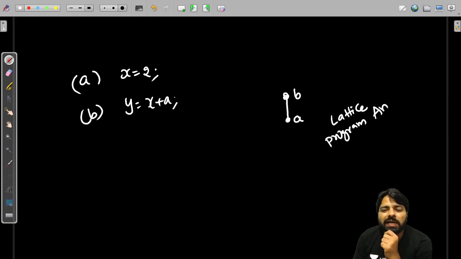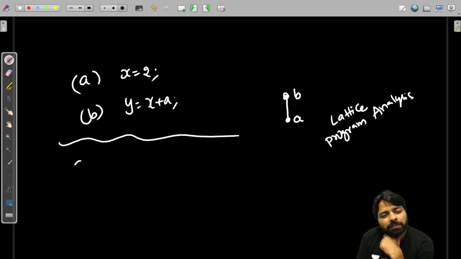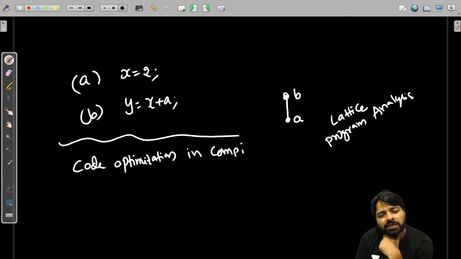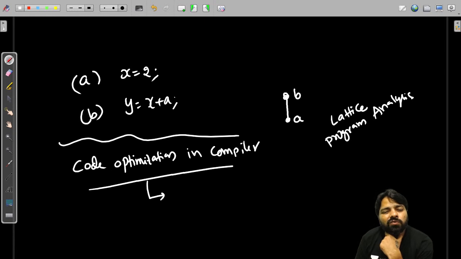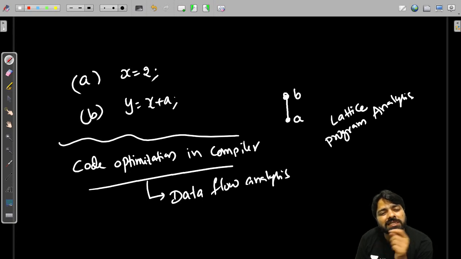Then why do you need to analyze the program? Because in code optimization or code generation in compilers, you need program analysis for control flow and data flow. Basically, data flow analysis of the compiler uses this lattice theory.